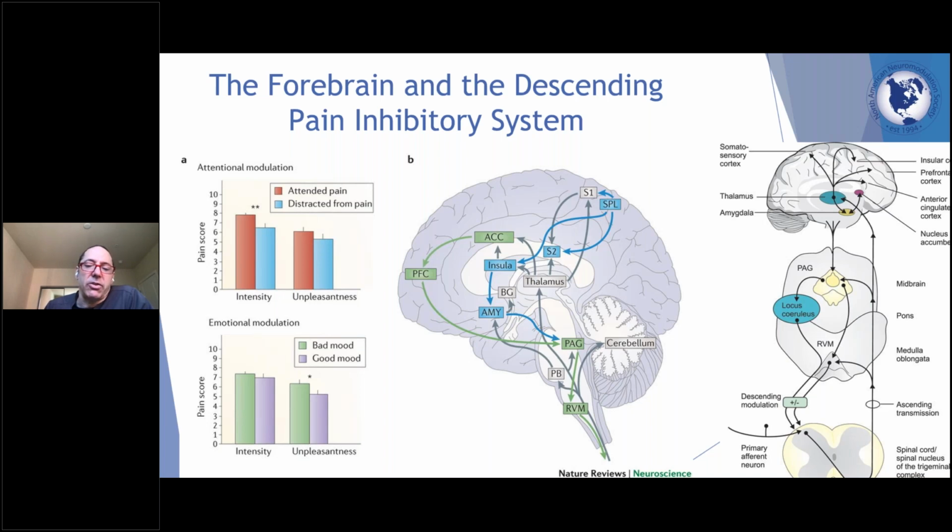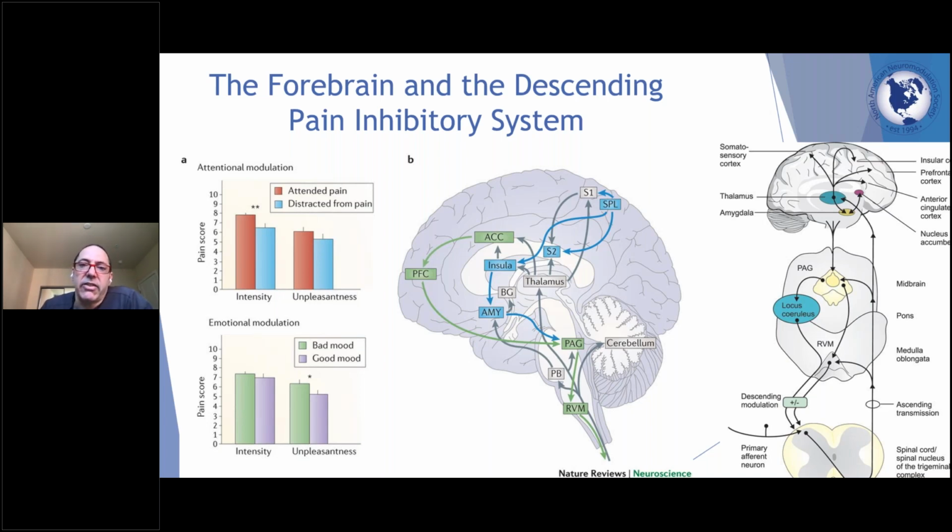And it's been known since the 70s that the brainstem, under the control of the forebrain, it's also clear, can send a signal down to the spinal cord at the level of the dorsal horn to either inhibit or enhance painful input. So the descending modulation can be either facilitatory or inhibitory. The periaqueductal gray is one known site, but it acts through the rostroventral medial nucleus of the medulla, so the RVM there.